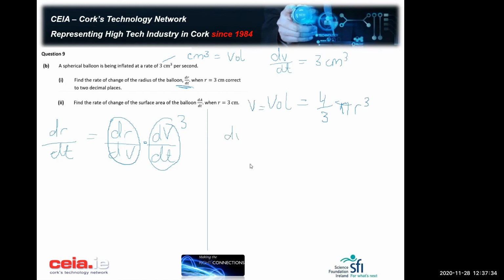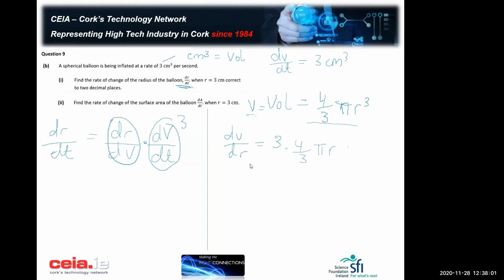So what's dV/dr? In other words, what's the derivative of V with respect to r? Remember, there's r here in the equation because V is equal to 4/3 pi r cubed. So we differentiate volume. The dV/dr is going to be 3 by 4/3 pi r to the power of 2.